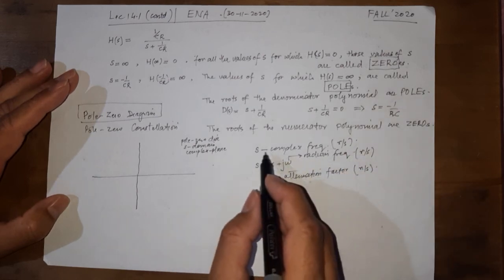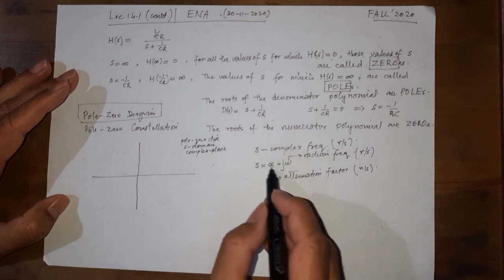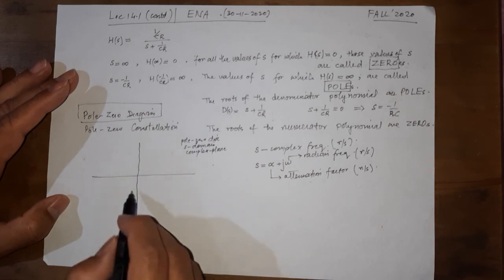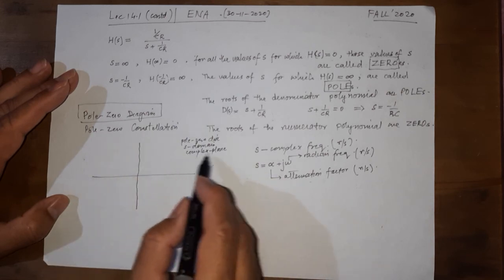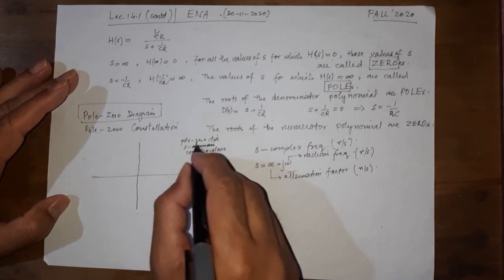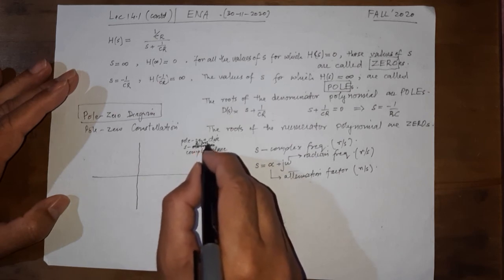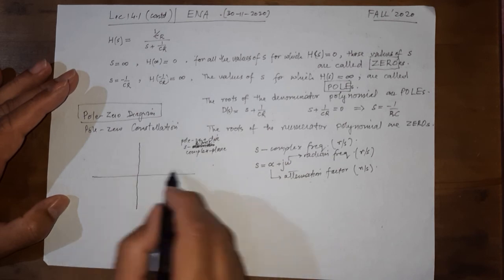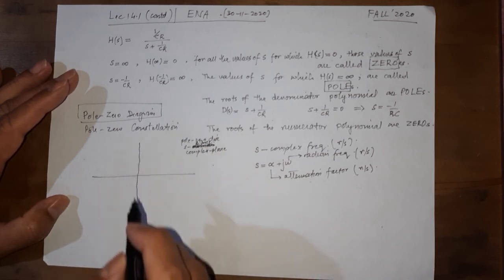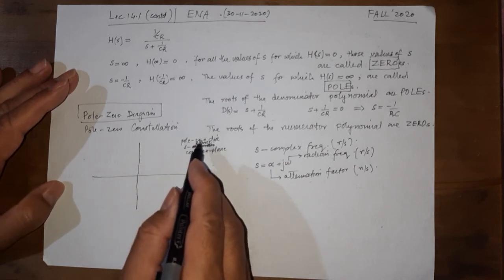However, because this S is a complex quantity with real part and imaginary part, we draw the values of S in the complex plane, also called the S plane. So this plane is known as the S plane or the complex plane, and we draw the pole zero diagram on it.